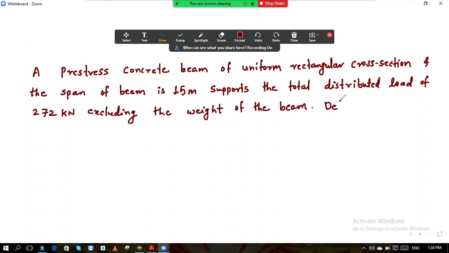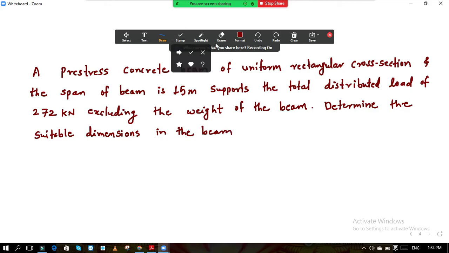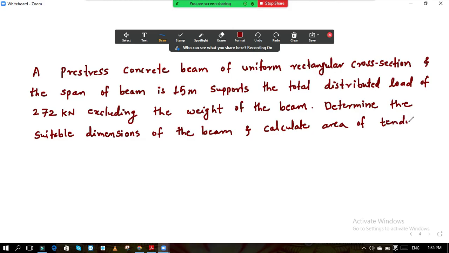Determine the suitable dimensions of the beam and calculate area of tendon.